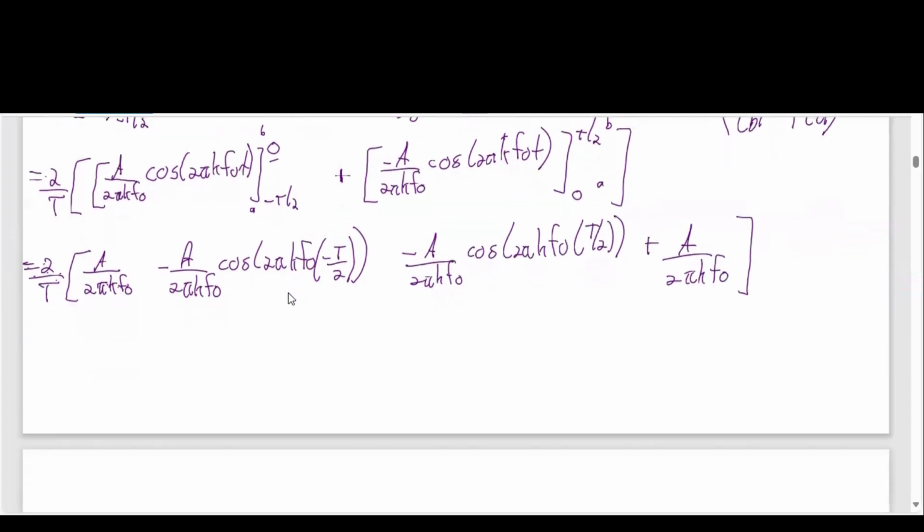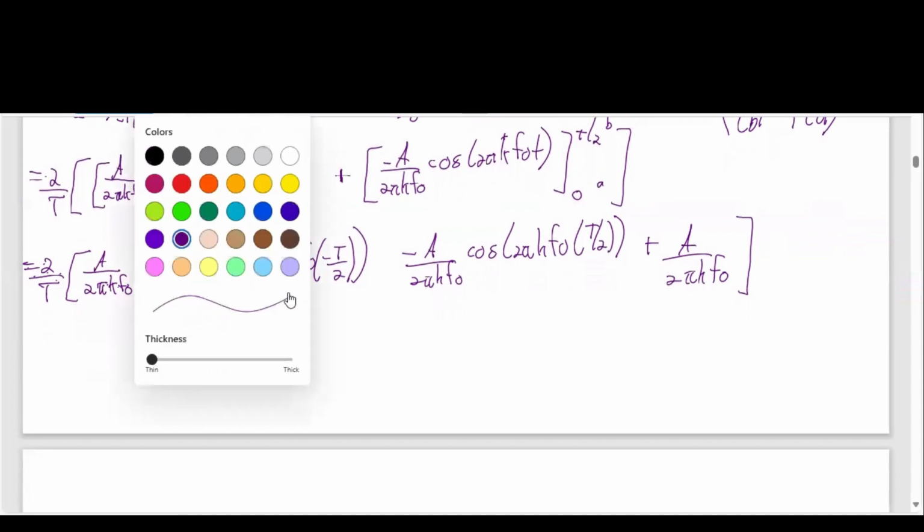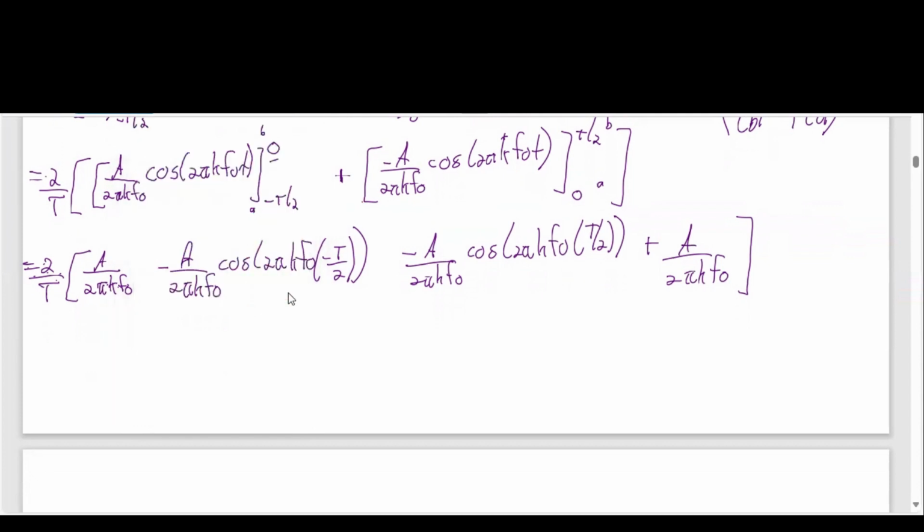So now I'm going to bring to your attention something very important when it comes to this step. A lot of people just forget it. When you're doing this type of integration, what you're looking for is this: f naught times t is 1, because 1 on the frequency is the period.